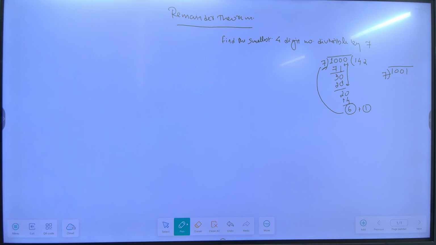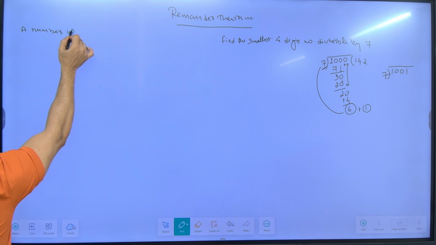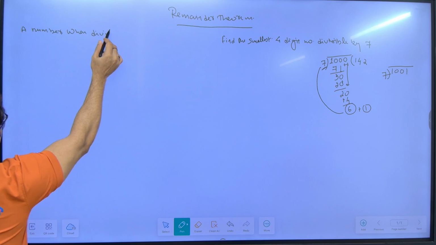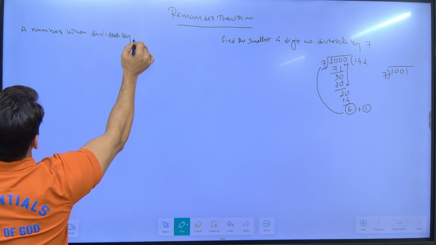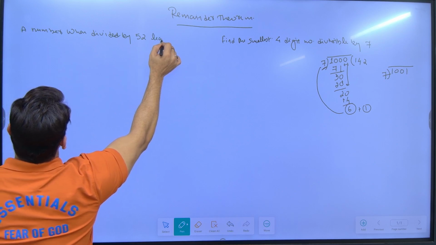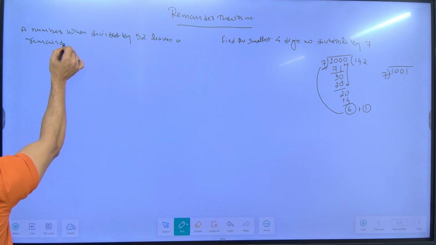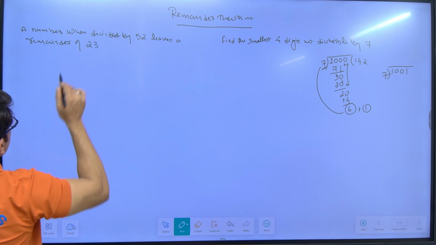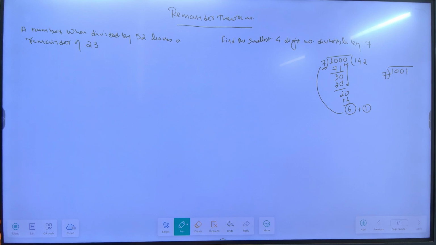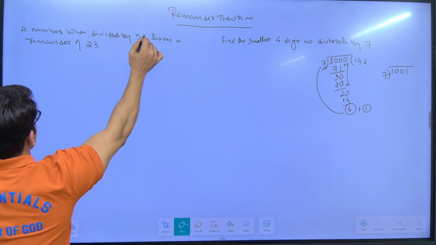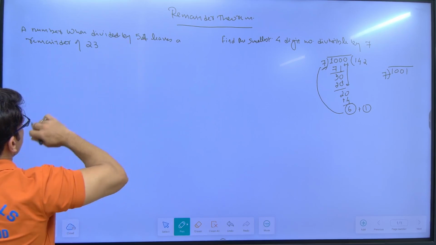Is this concept clear to all of you? Okay. Second question: a number when divided by 54 leaves a remainder of 23.